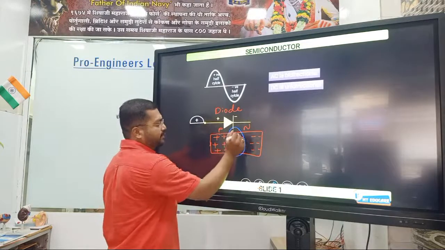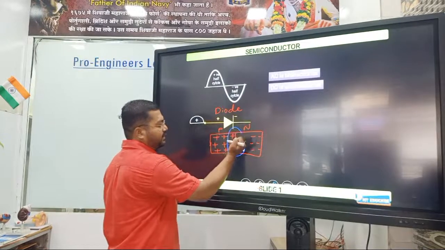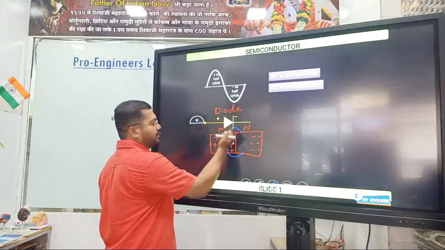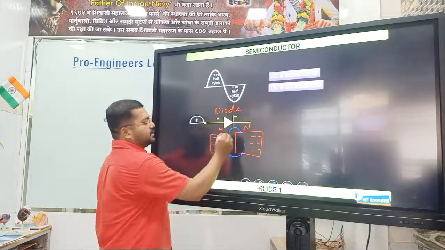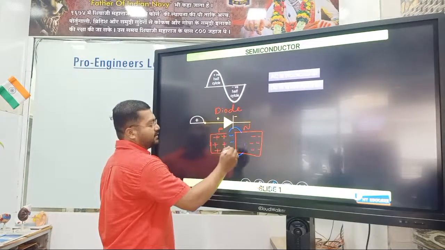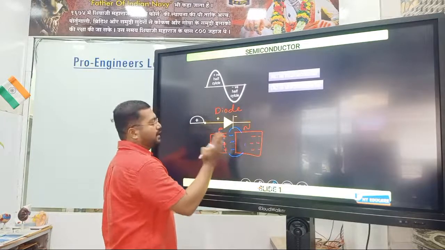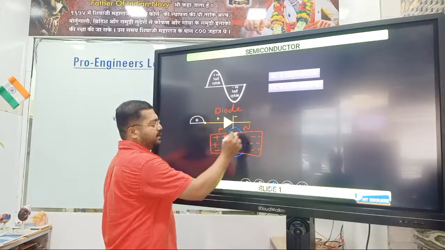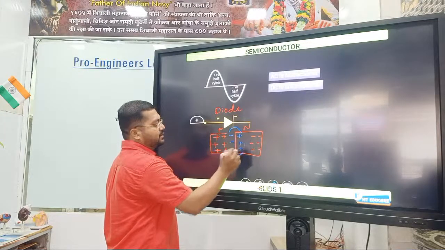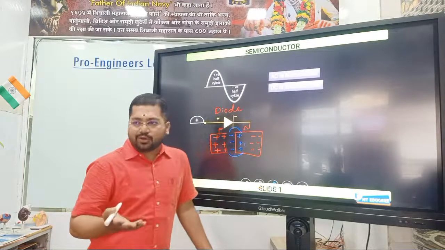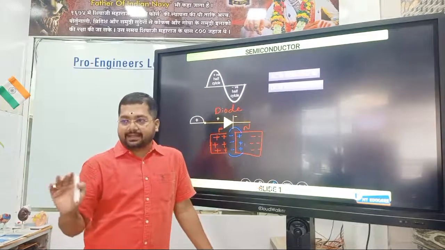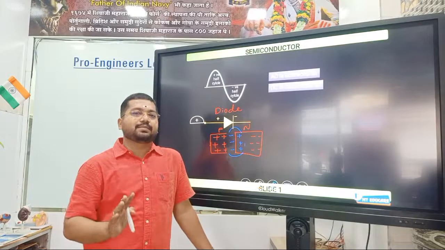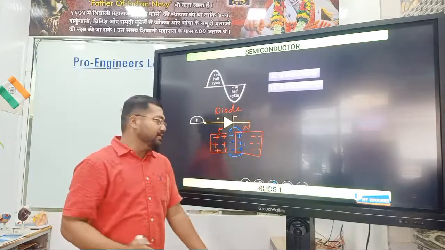On the positive side, electrons will go and recombine, and the original position of electrons became vacant, and that vacant space is nothing but holes or positive charge.